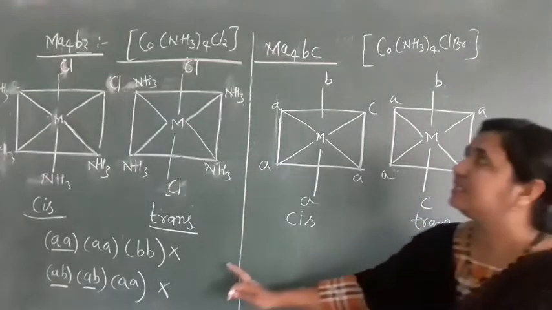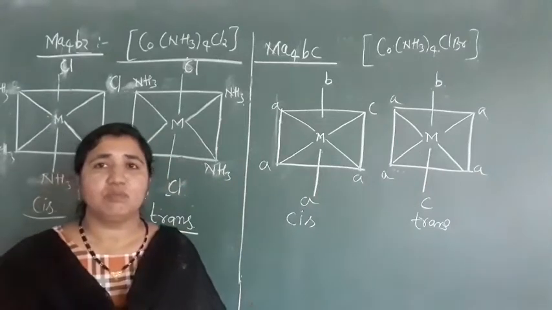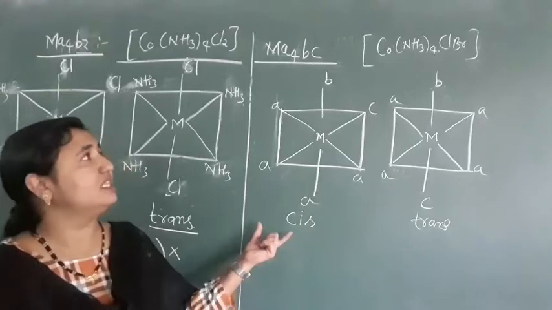These are the examples for MA4B2 and MA4BC. Both will have geometrical isomerism but no optical isomerism.